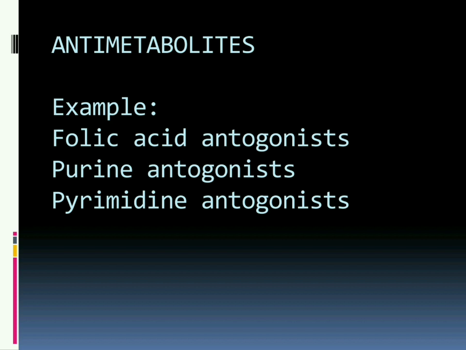Antimetabolites. Chemical substances which take part in cellular metabolic reactions are called metabolites, and an antimetabolite is a chemical agent which, by virtue of its close structural similarity to the metabolite, blocks its action.